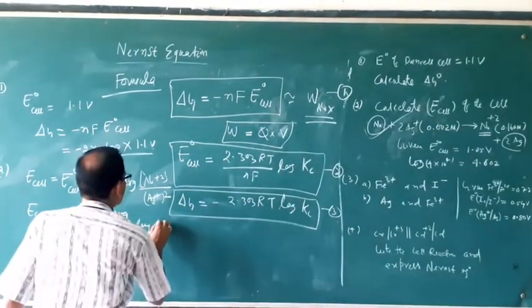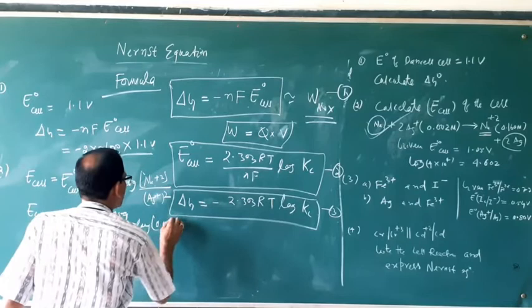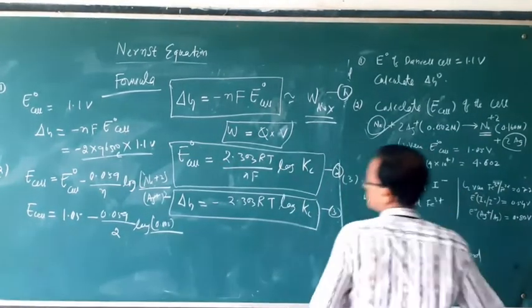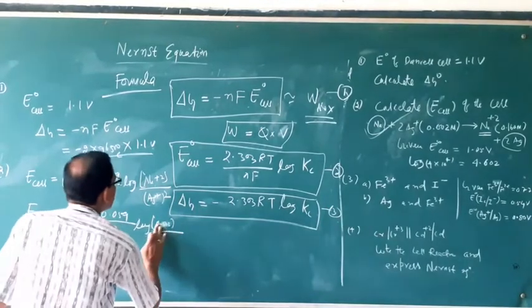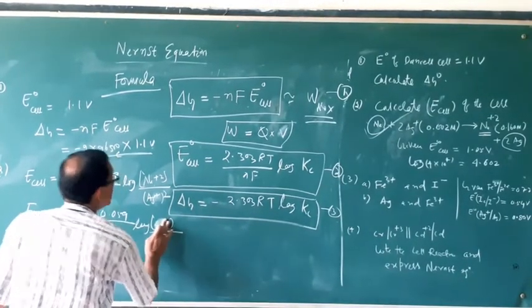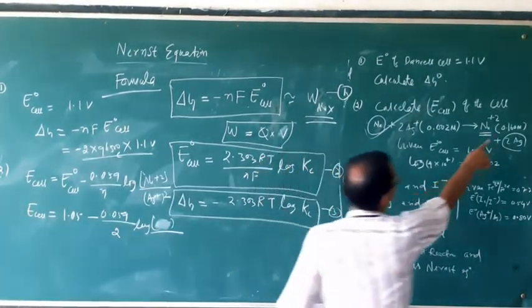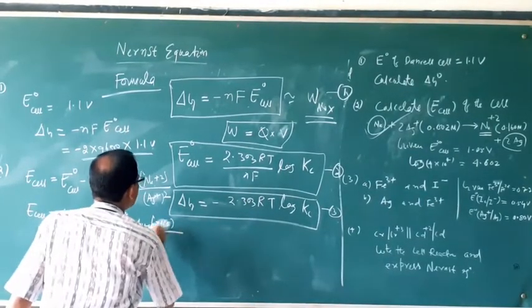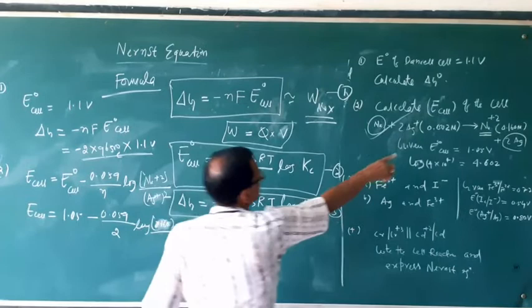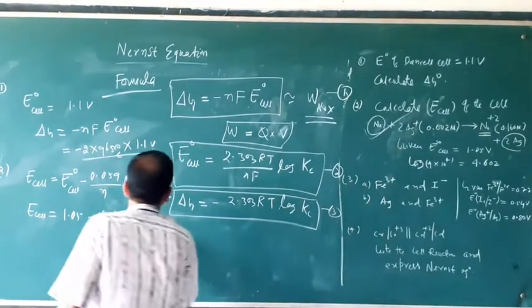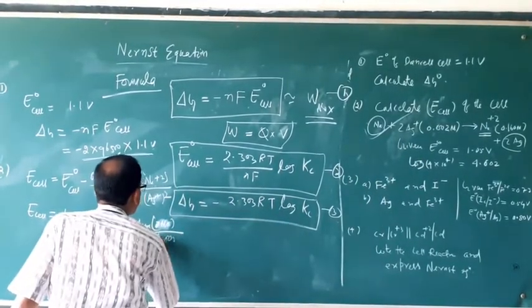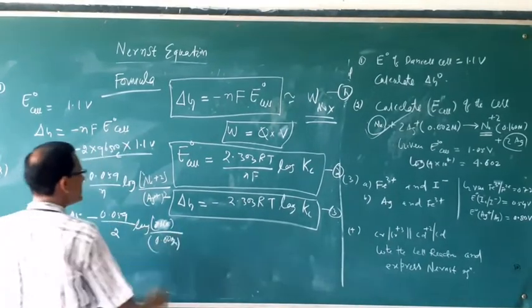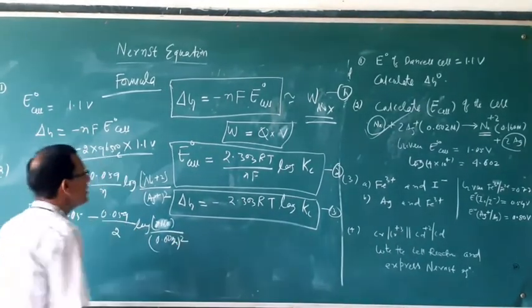Sorry, nickel concentration is numerator. Nickel concentration is 0.160, upon silver concentration 0.002, 0.002 square as per the equation.